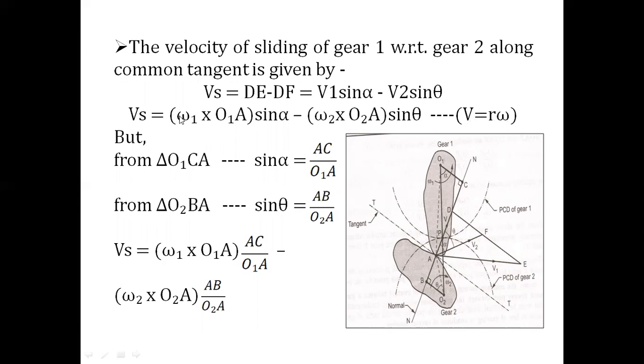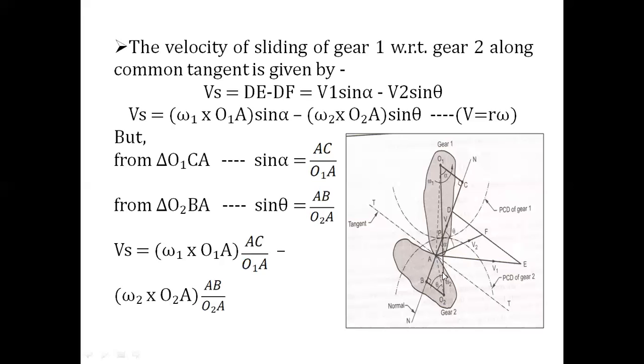So Vs is equal to omega 1, V1 is nothing but omega 1 into the radius of gear 1, which is O1A, this dotted line. R into omega 1, into sine alpha, minus again V2, which is equal to omega 2 into O2A.